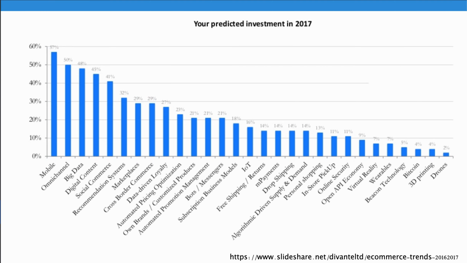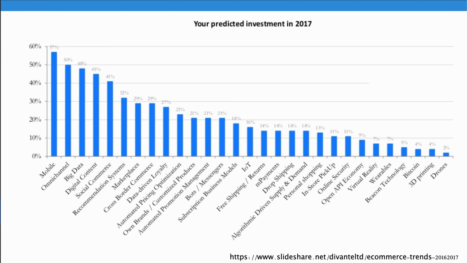Big data, how do we add machine learning and big data into our day-to-day work, especially in e-commerce? You see scenarios like people who bought this, bought that, popularized by Amazon, is a very good example of this. How do we add recommendation systems, data-driven loyalty programs, bots and messengers, IoT, which is the Internet of Things, solutions out there.